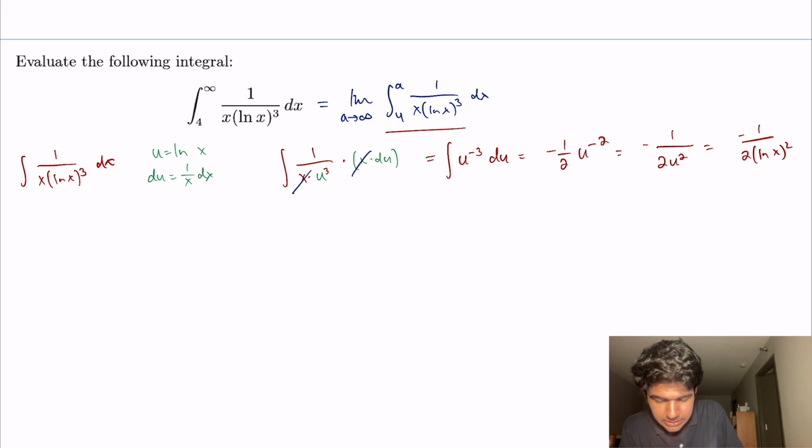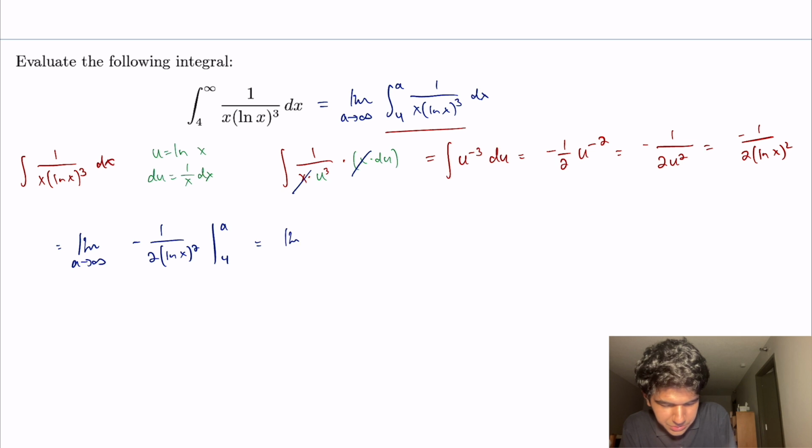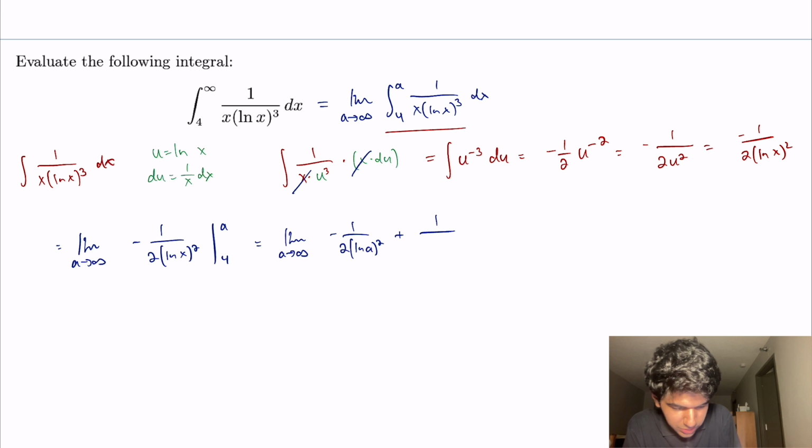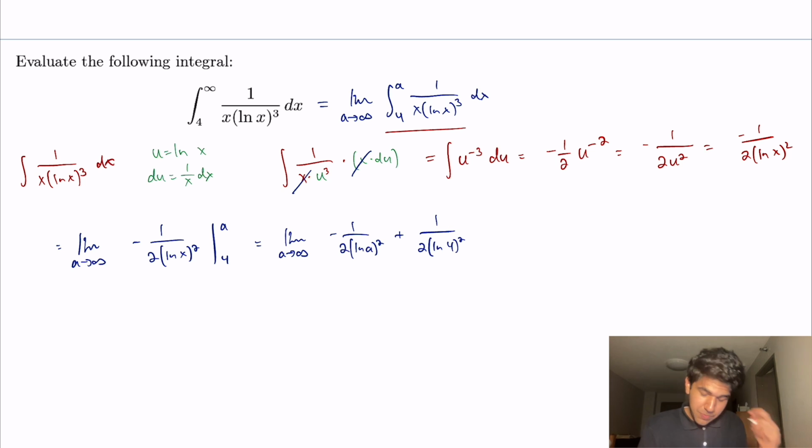Turning back to the limit, we get the limit as a approaches infinity of negative 1 over 2 ln of x squared evaluated from a down to 4. Apply the fundamental theorem of calculus to get negative 1 over 2 ln of a squared minus negative 1, so this is going to be plus 1 over 2 ln of 4 squared, and there we go.